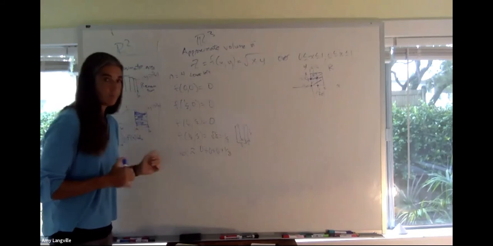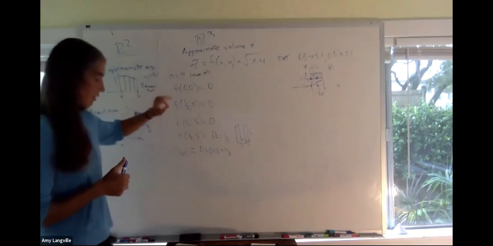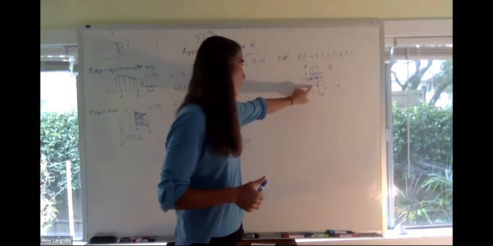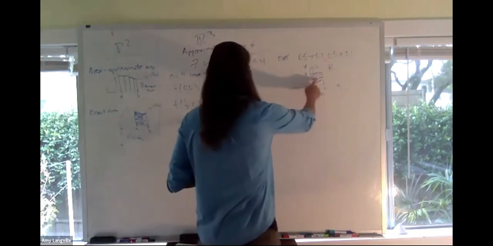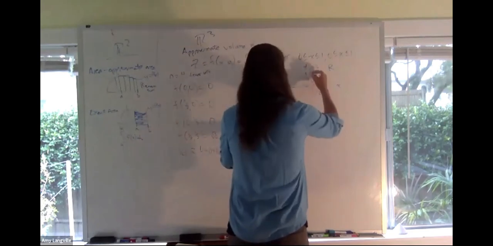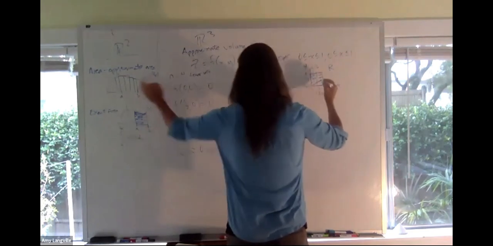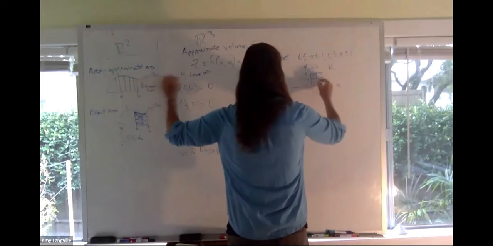Let's try another one. That was the lower left, but instead of doing lower left ones, let's try one that generally does better, just like it did over here, which was the mid rule. So let's try the mid rule.